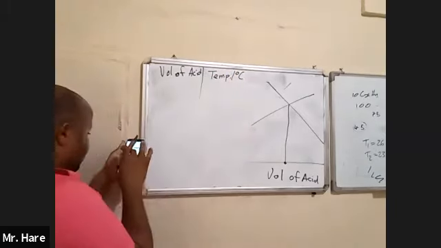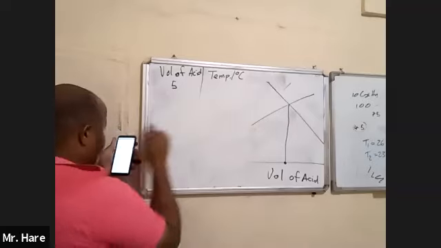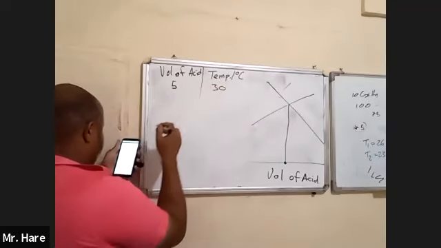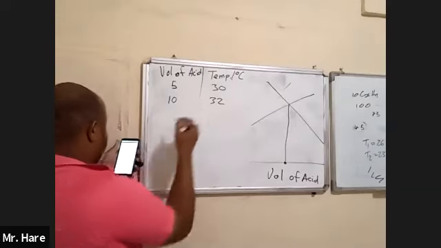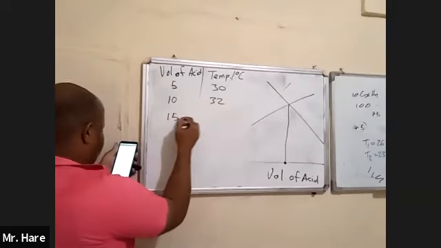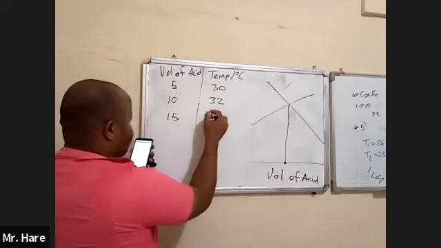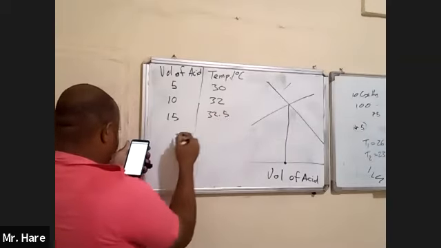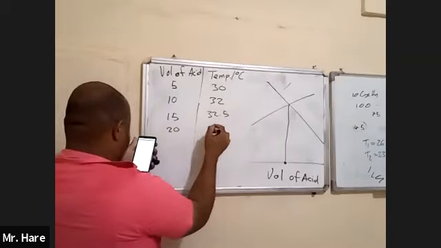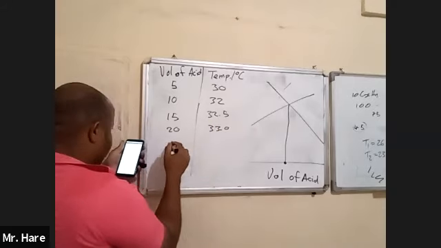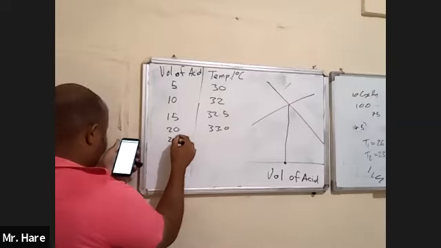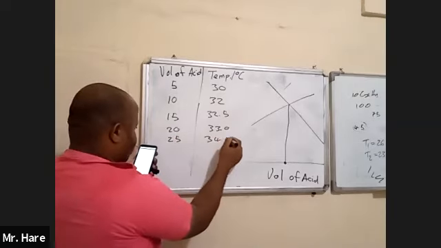So when you add 5 cm³ of acid, the temperature was 30. When you add 10 cm³, it was 32. When you add 15, it was 32.5. When you add 20, it was 33. When you add 25, it was 34.